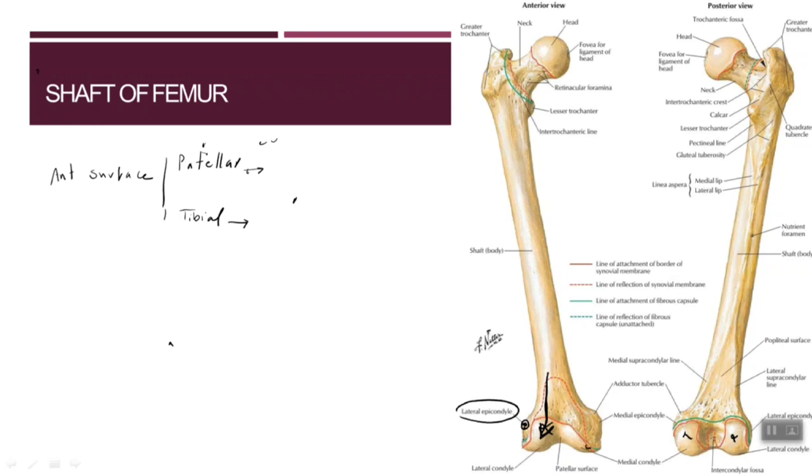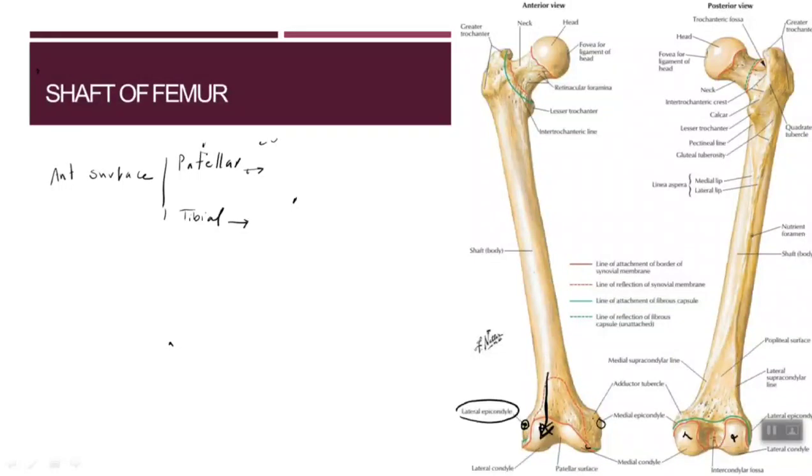The medial condyle is more prominent, you can see it if you compare. Its prominent point is called the medial epicondyle. Like the lateral condyle, we have one prominent part, named the medial epicondyle.